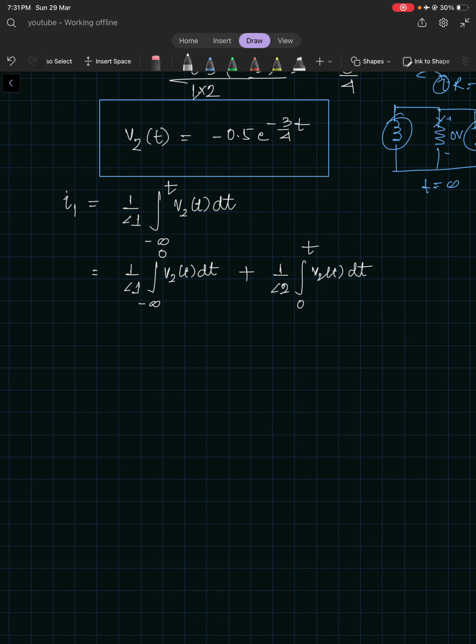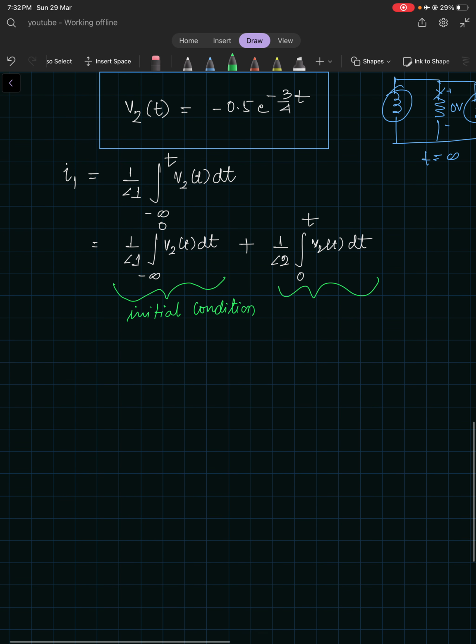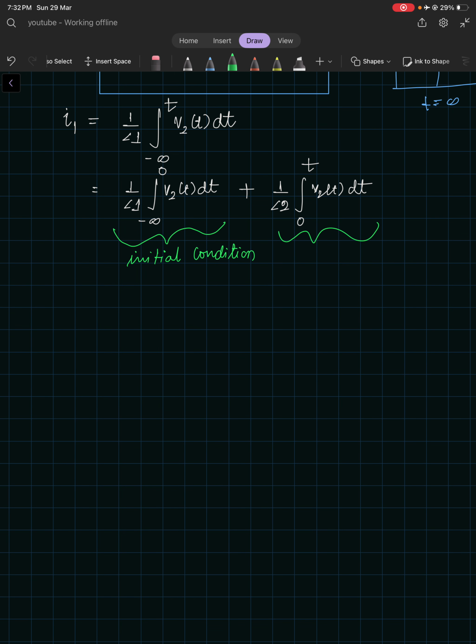This first part is the initial condition part, and this is the response after the initial condition, meaning after switching. This was before switching, and we know its value.